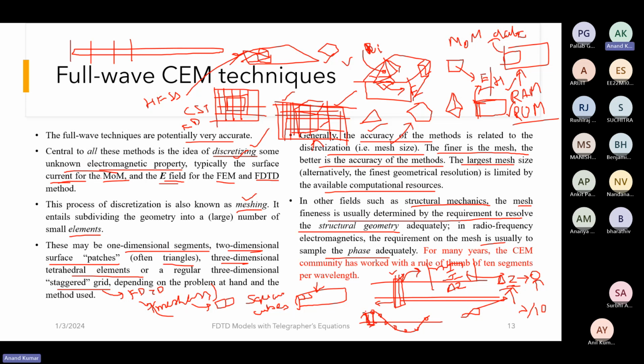And the smaller this delta z is, the more accurate the modeling of the phase will be. So I think I have said too much. I'll pause here and take questions that you might have.